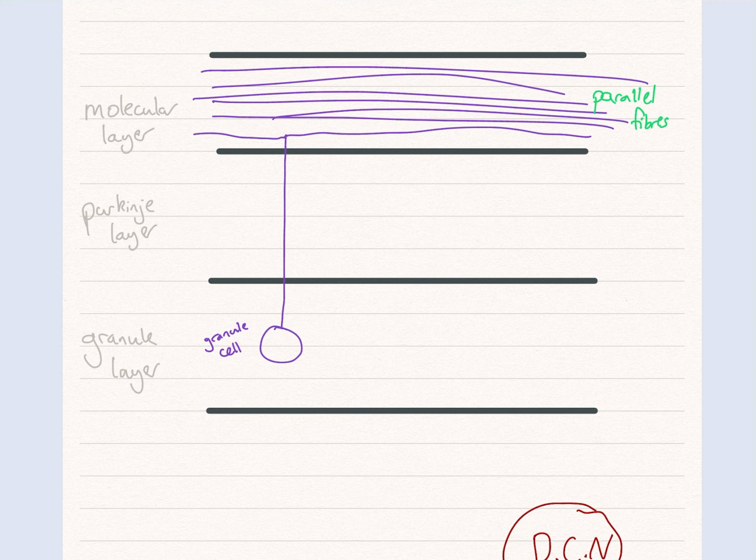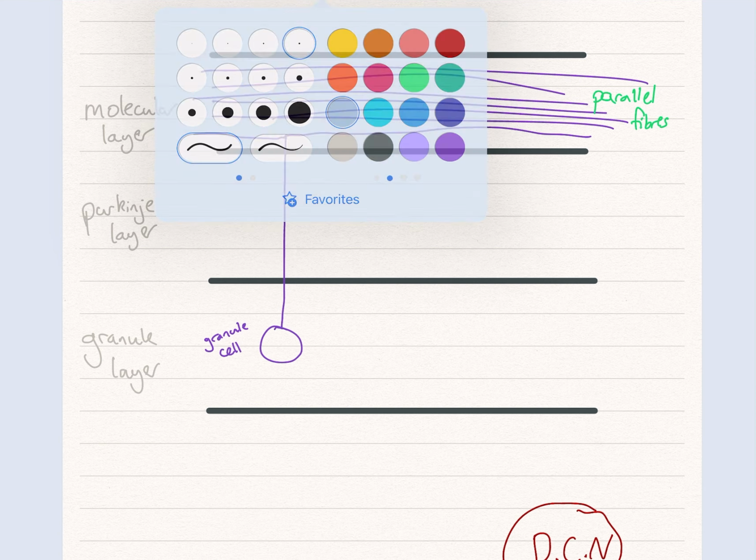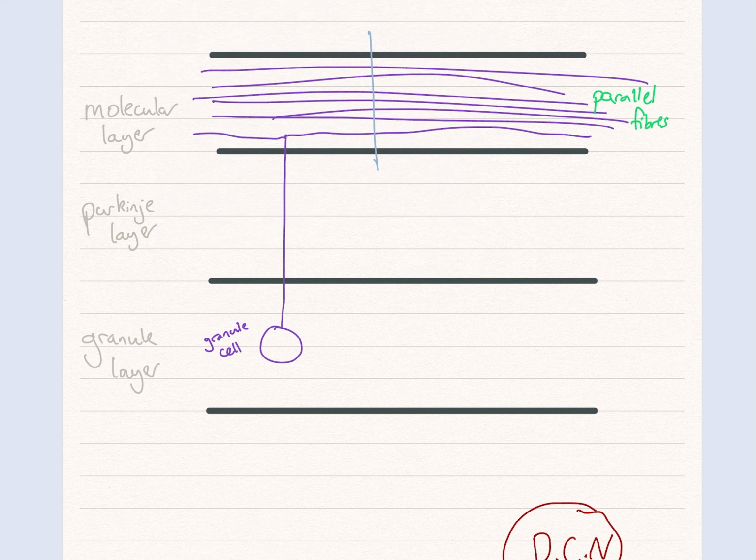And there's going to be loads and loads of them. If you cut through like that and look at them that way, they're all really closely bundled up together. Okay, so the next thing to know is the Purkinje cell, which is going to be in the Purkinje layer.